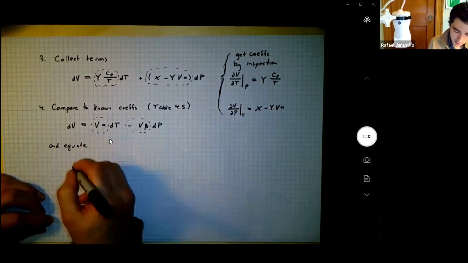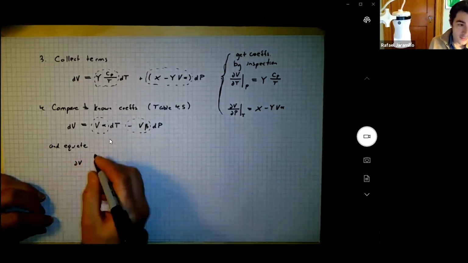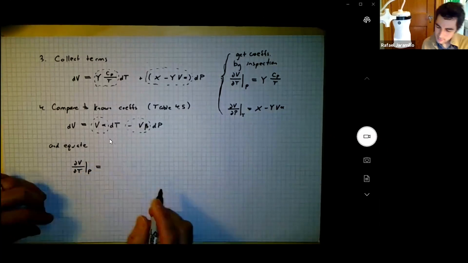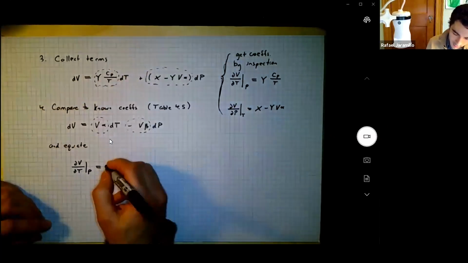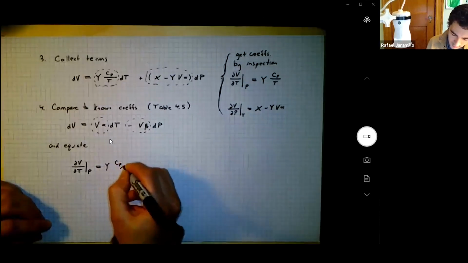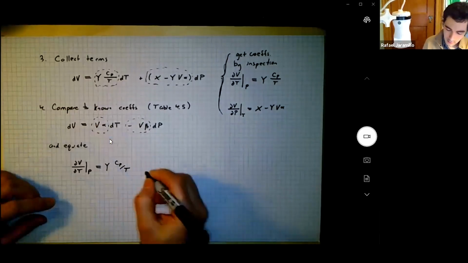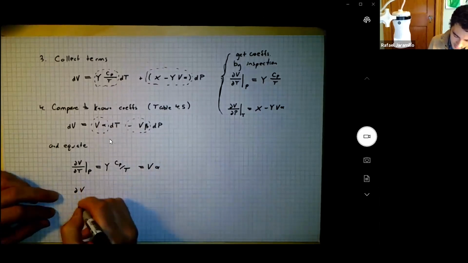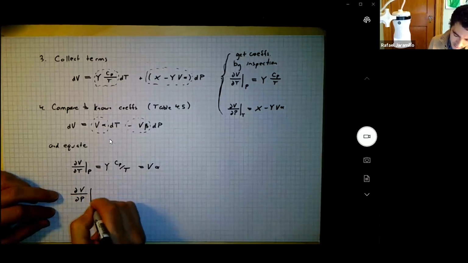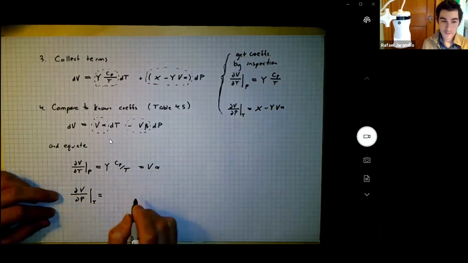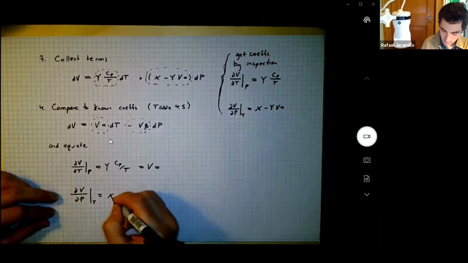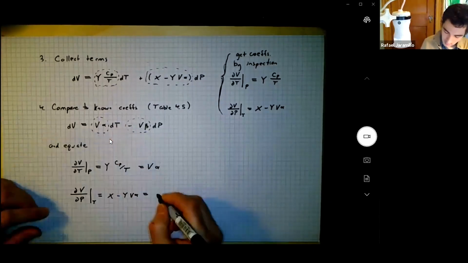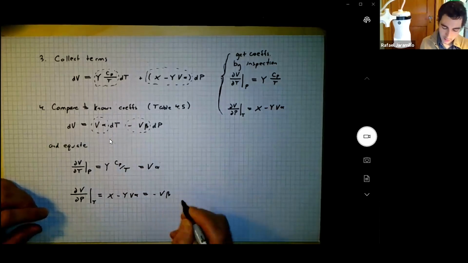So we're going to equate them and we're going to get the following. dV/dT at fixed pressure, well, that was this, equals y Cp over T, but it's also this, equals V alpha. And dV/dP at fixed temperature equals this, X minus y V alpha, but it's also this, equals minus V beta.